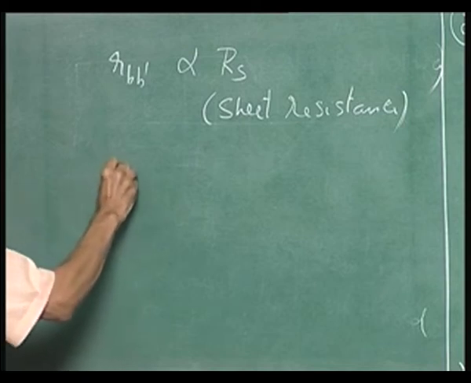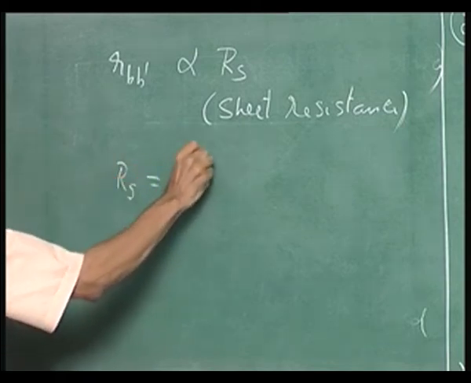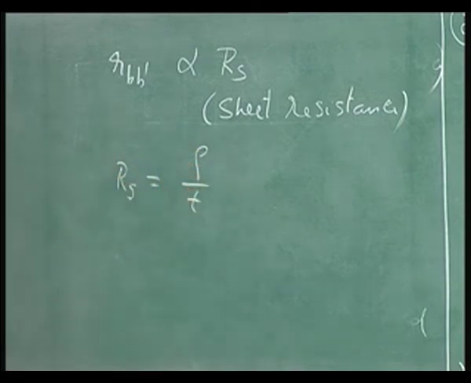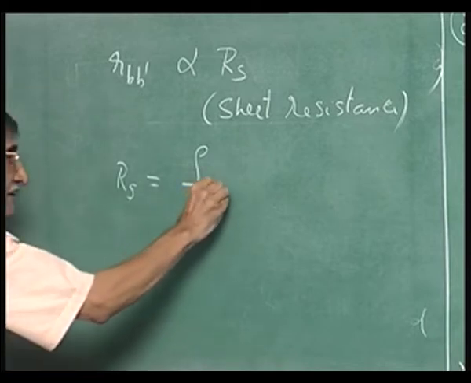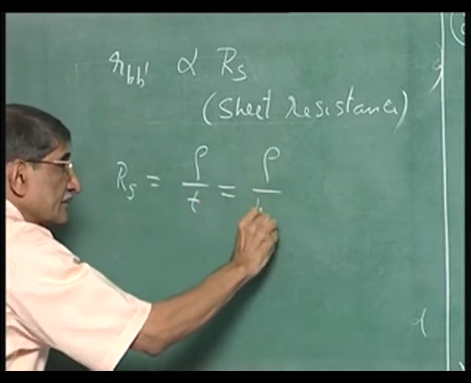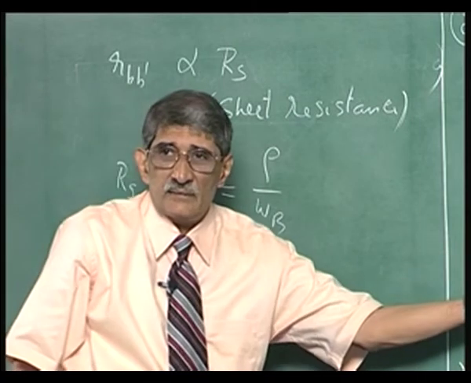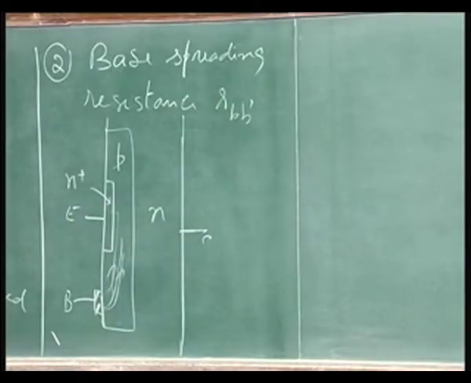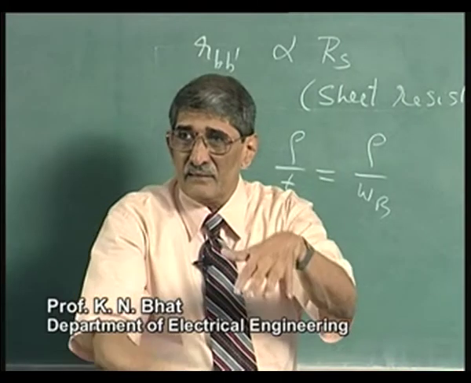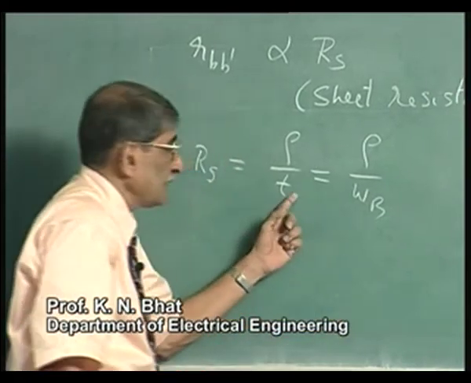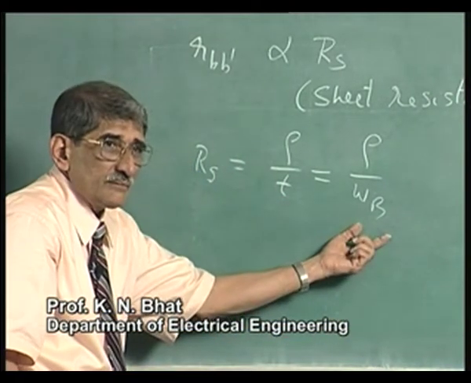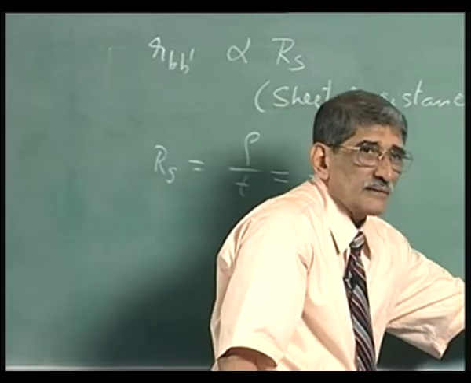Sheet resistance is equal to rho divided by thickness. In this case, this is rho divided by WB. Sheet resistance looking from here is, when you put a layer, the resistivity divided by thickness, and thickness is WB, base width in this case.